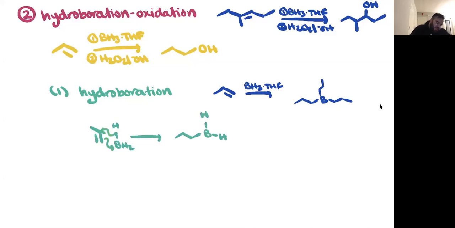And we're going to do the exact same thing 2 more times, assuming you have excess starting material. We're going to end up with this dialkylated intermediate and then do the exact same thing a whopping 1 more time.